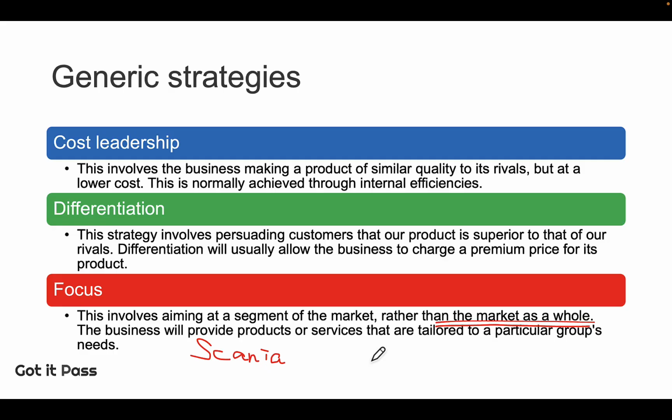Porter also argued that if an organization fails to determine what strategy, then it's just stuck in the middle. It means that it has no cost leadership advantage, its product cannot be differentiated from its competitors, and it has no focus. That is not an ideal situation for firms to compete in the market.